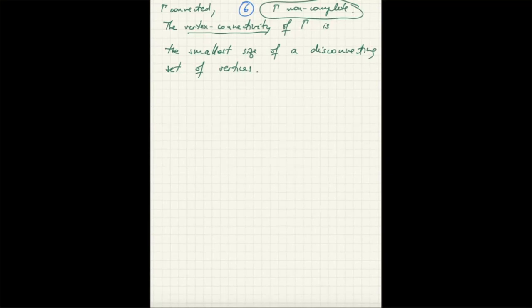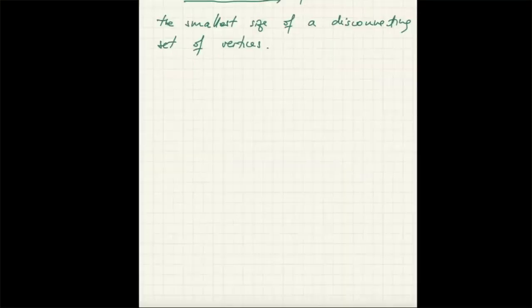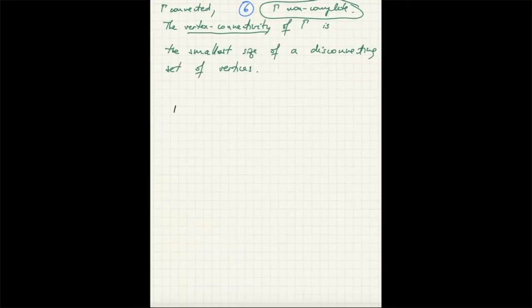Because if gamma is the complete graph on n vertices, deleting any subset S of vertices with cardinality of S less than or equal to n minus 2 will not disconnect the graph.